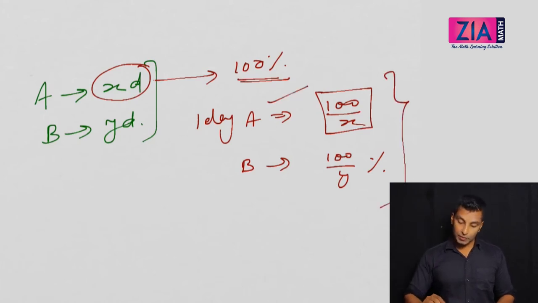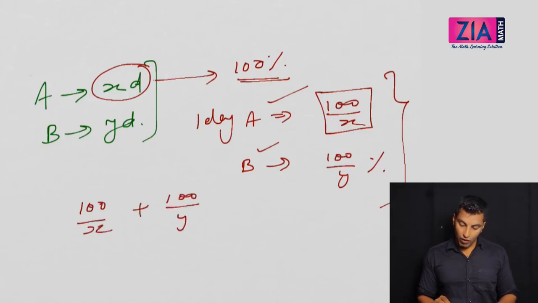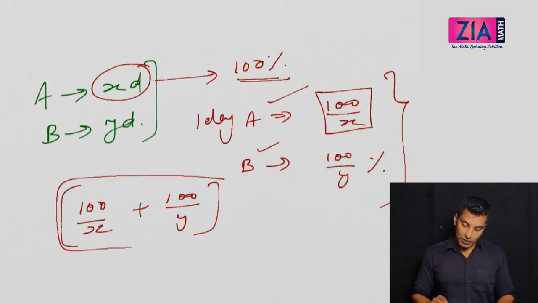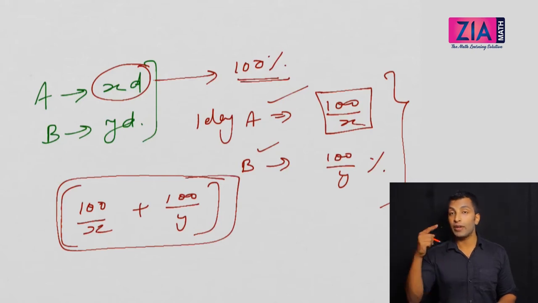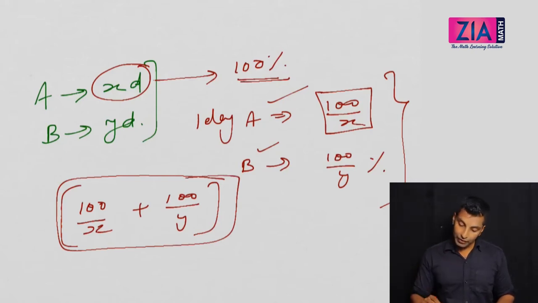So A completes this much percentage, B completes this much percentage, right? Now see, A and B working together, what percentage will be completed? 100 by X percentage plus 100 by Y percentage of work will be completed. Okay. So then you will see together how much they completed, and then you need to divide that from 100.